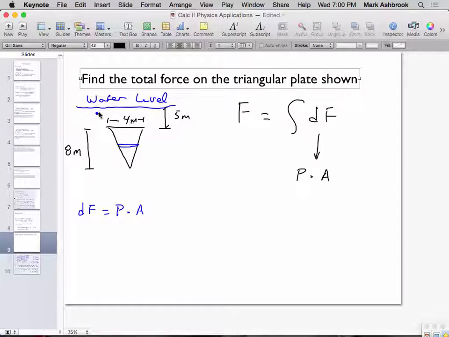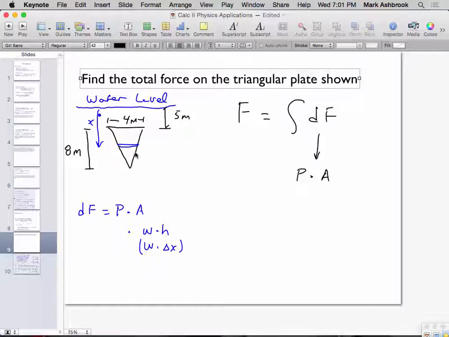So we'll go from the water level at a depth of x. Okay, so what is the area? The area is width times height. What's the height? Delta x. Okay, so that's our area.